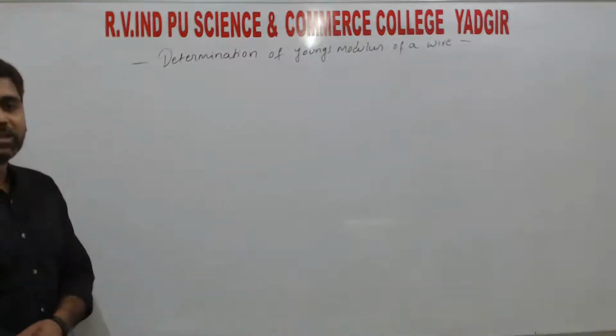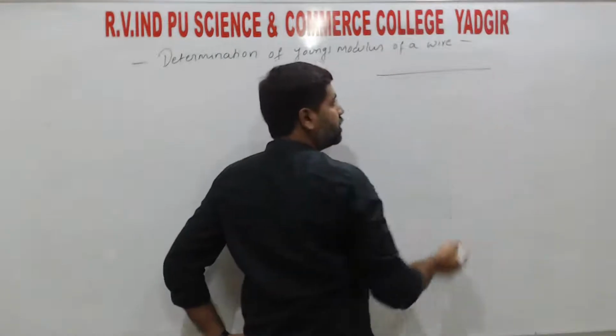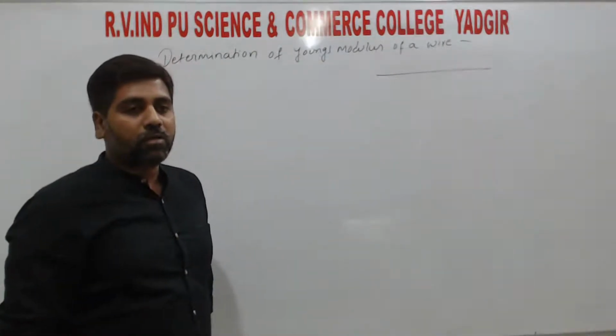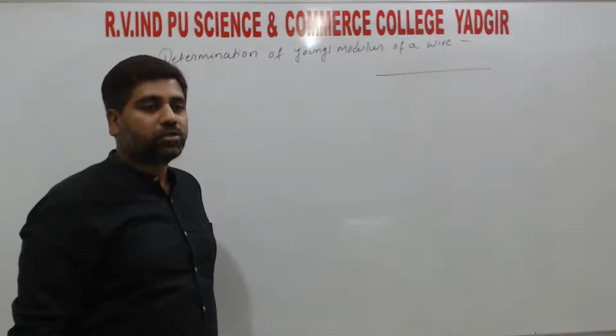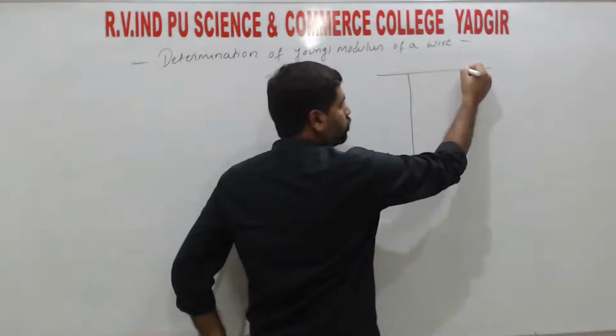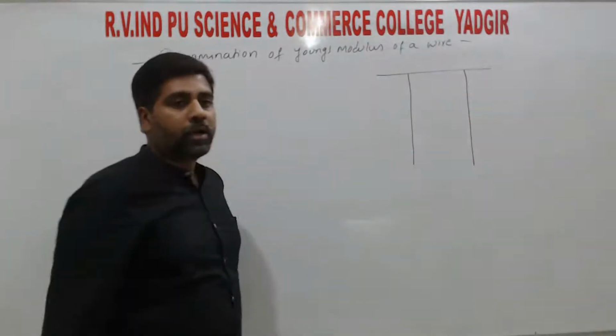Here we consider two wires of equal length and equal radius, right? Both wires have the same length and the same radius. Those are fixed to a rigid support in parallel.